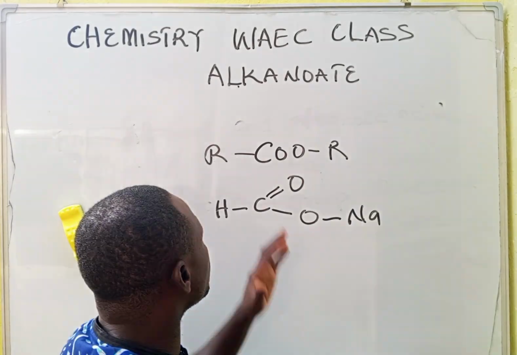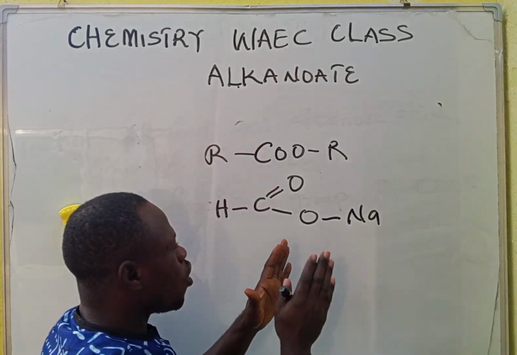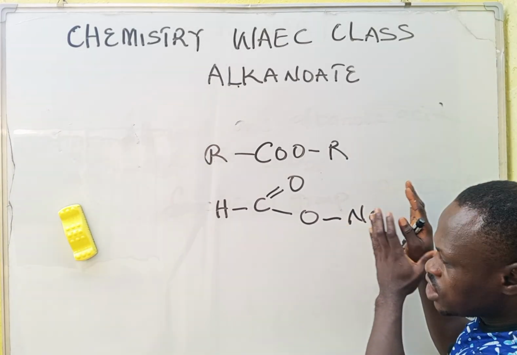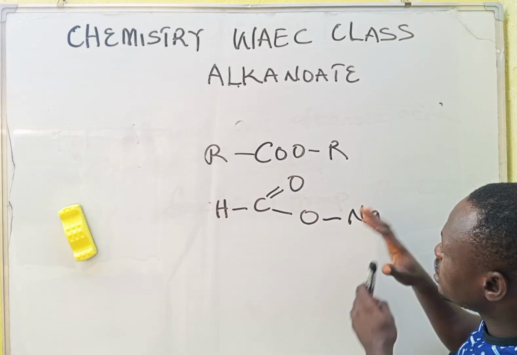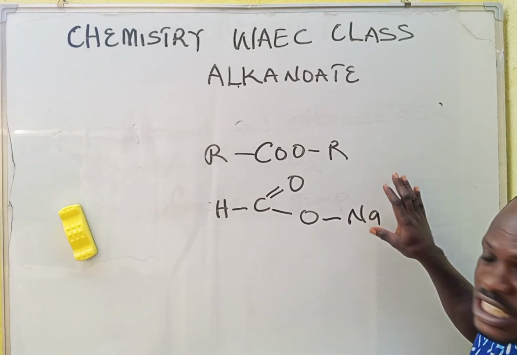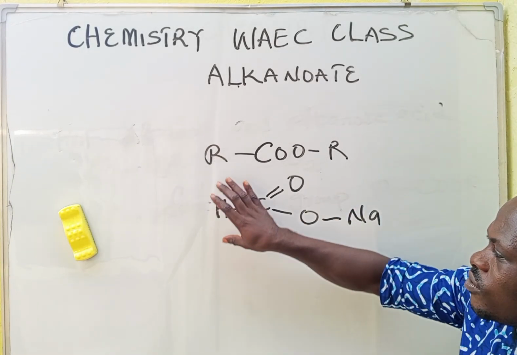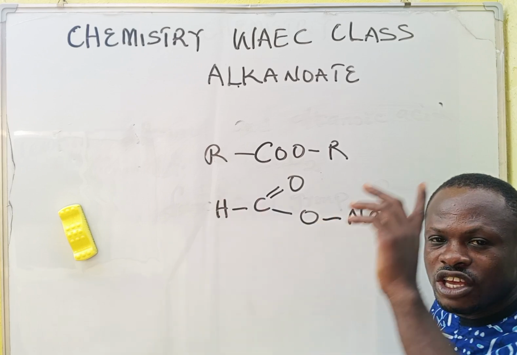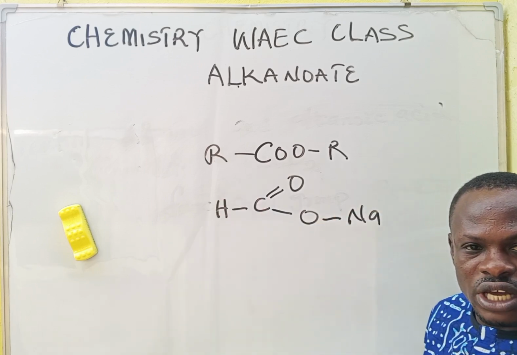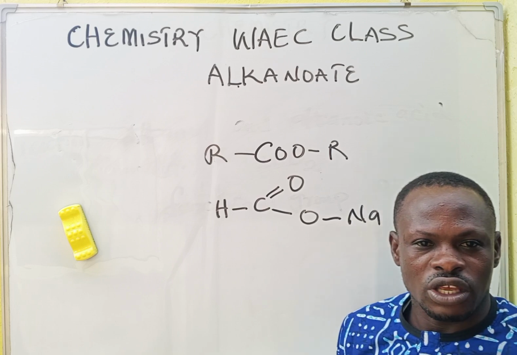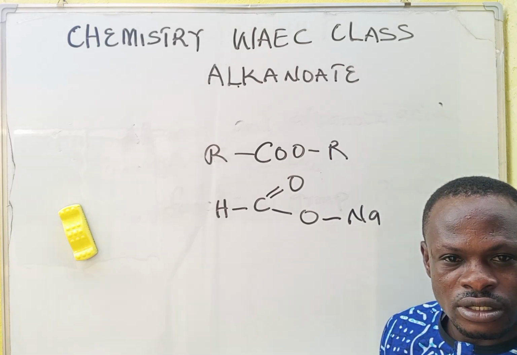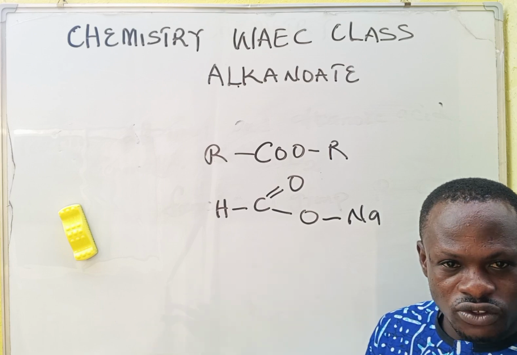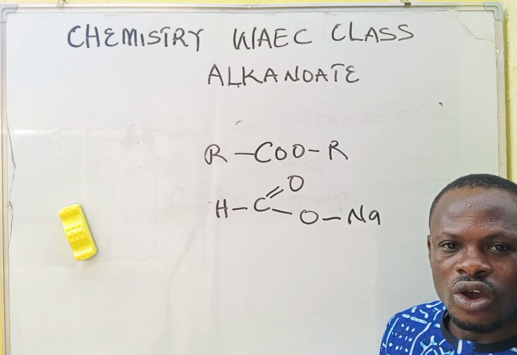Now when you want to name alkanoate, you always start from this side. You start the naming from whatever is attached on this side before you finish with this side. Here is only one carbon atom, and in our previous video I told you that one carbon atom in an organic compound is called met, as in methane.